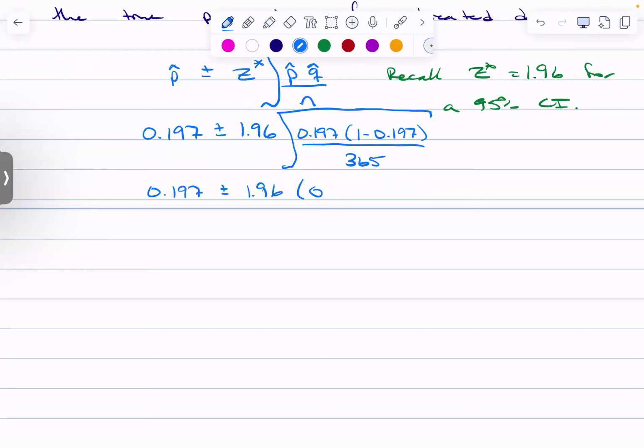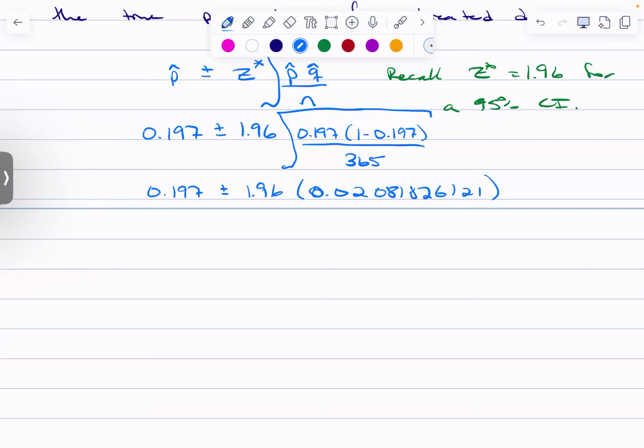The standard error that I get, and this is mostly so you can compare your values, is 0.0208182621. That's my standard error. Once I multiply it by 1.96, that's going to be my margin of error.